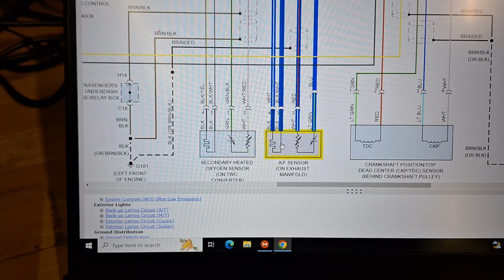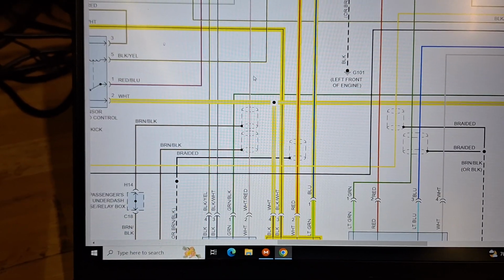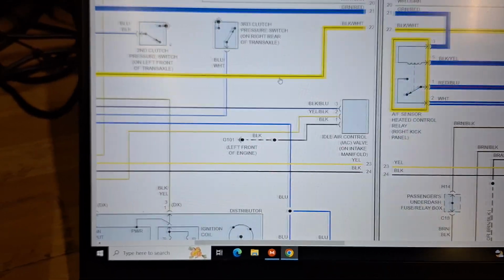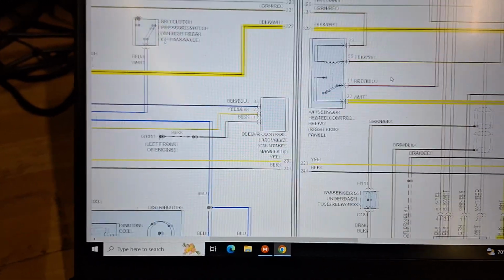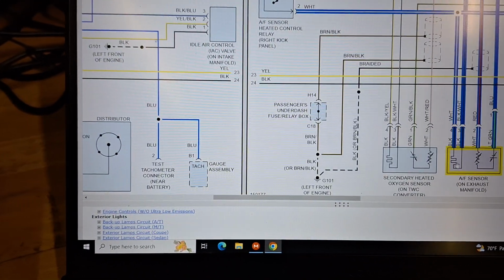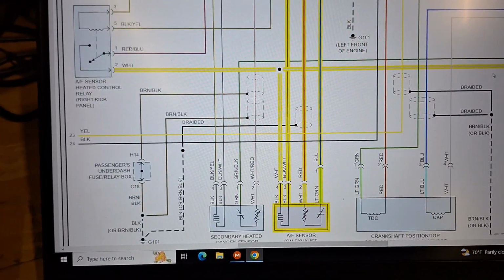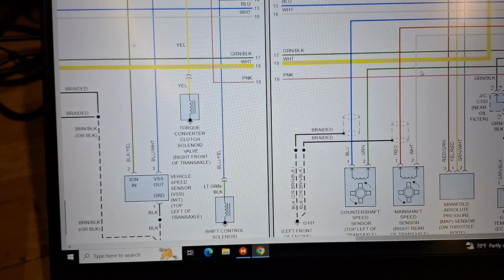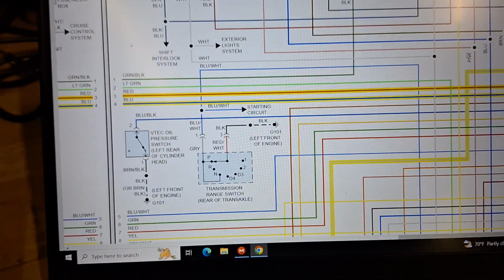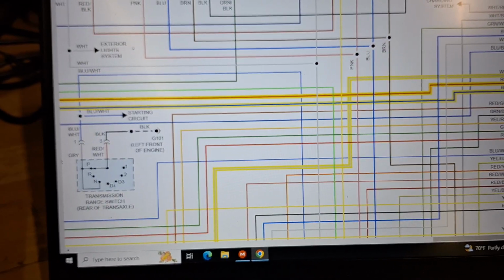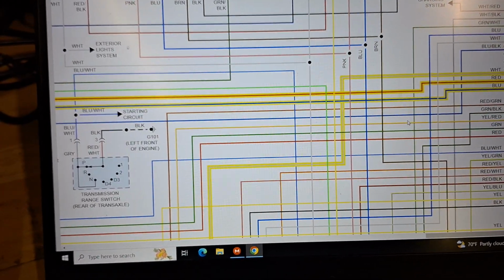That's the heater circuit we're going through, and if we follow this, it goes to the ECM. If we follow this wire, it goes up this way, up here again, to the heater, and that goes to the ECM as well.